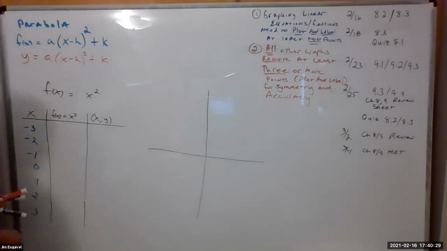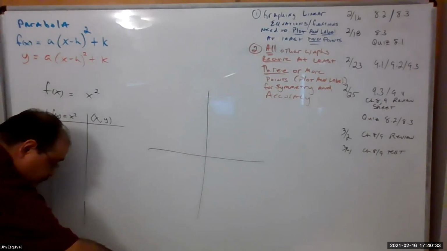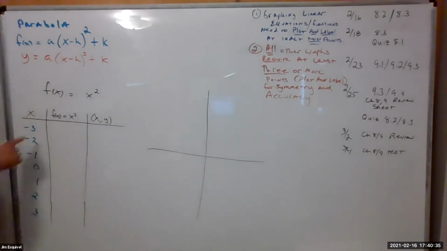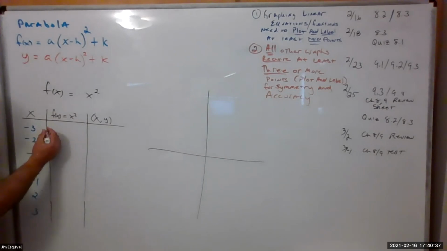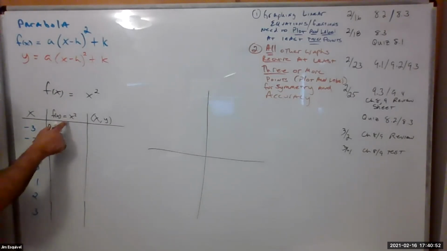That's what we're going to start with. So here we go. Plugging in -3, so f of -3. This is going to burn some of you when you do this on an exam. When you substitute negatives, parentheses, x squared.